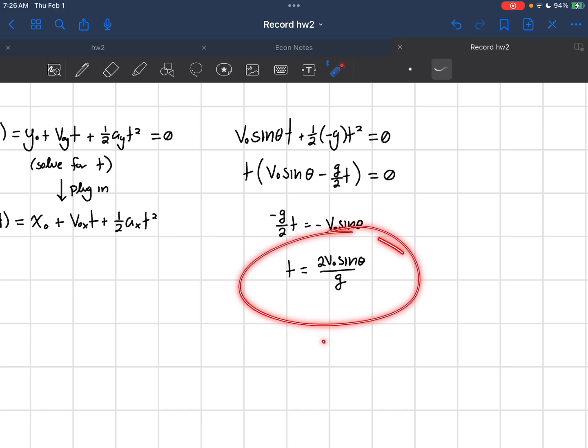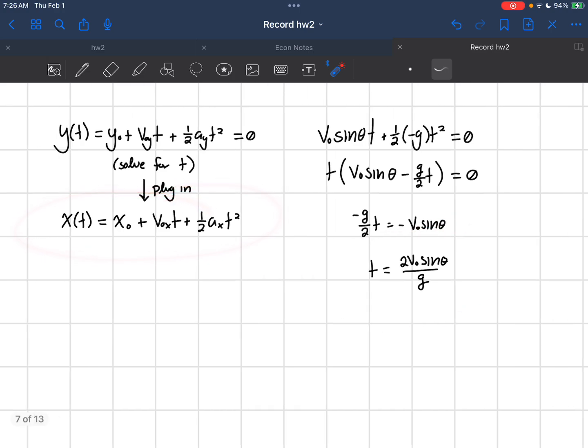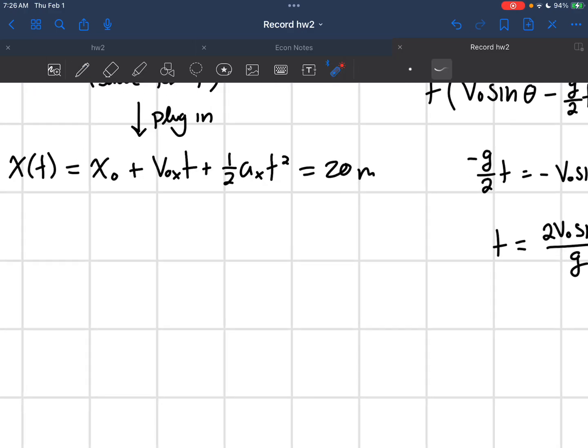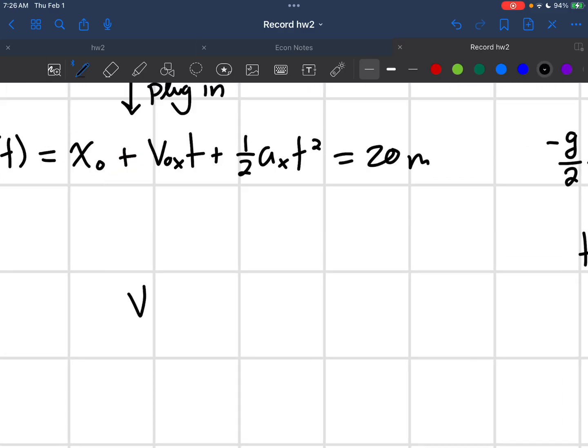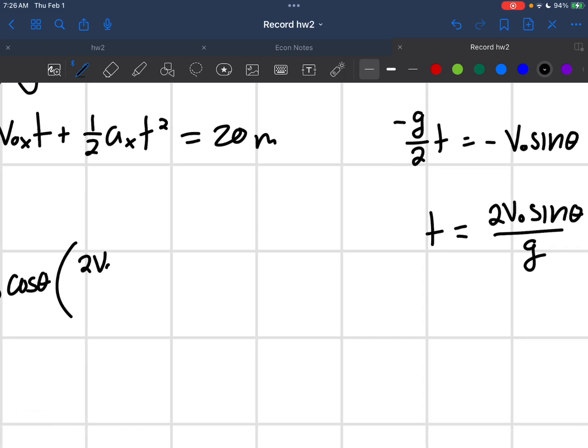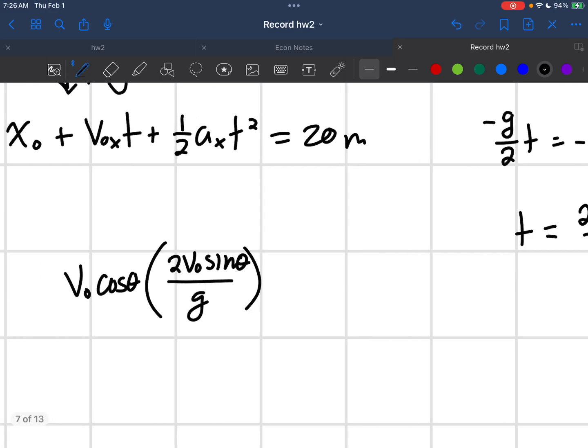Now that I have t, I'm plugging it into my x equation, set equal to 20 meters. Again, my x naught, we said that was 0, so I'm going to skip that part and say, okay, my v naught x was v naught cos theta, times t, which we said was 2 v naught sine theta over g, plus 1/2 a x t squared.